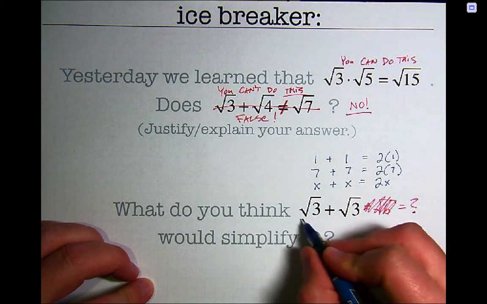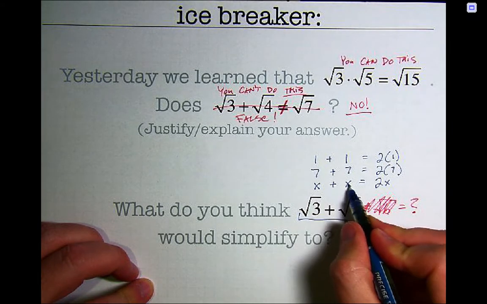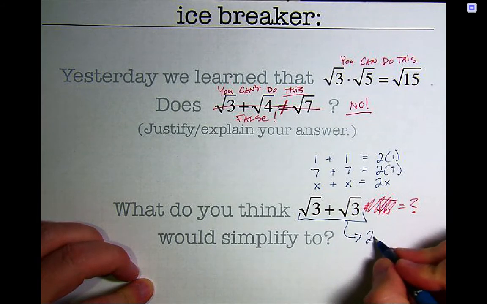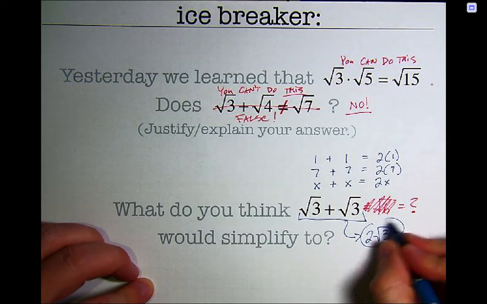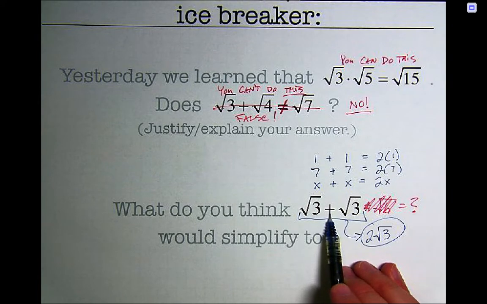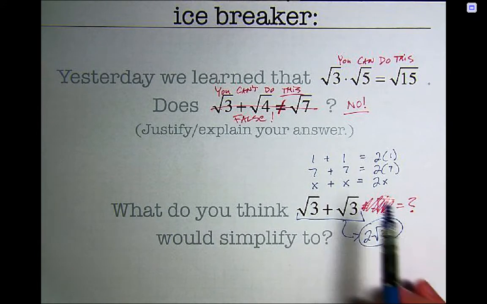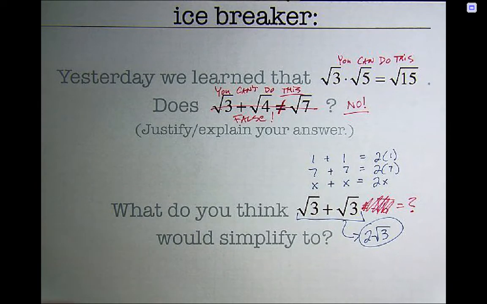So what does this come out to? Well, if you have something plus something, you have 2 of that something. So you can combine radicals by addition and subtraction, but that only works if the two things are the same somethings.